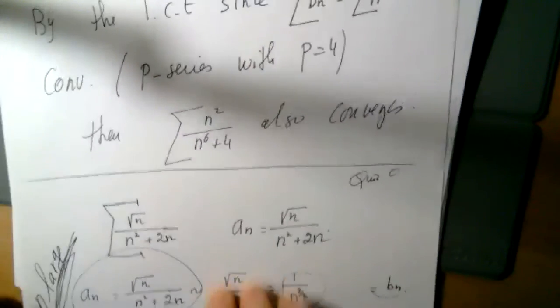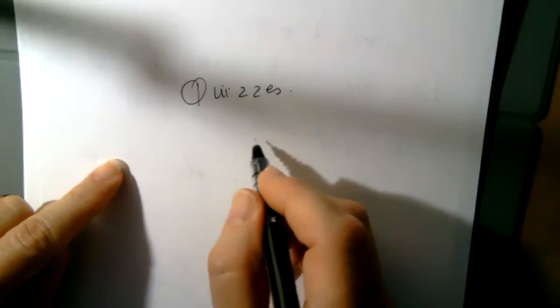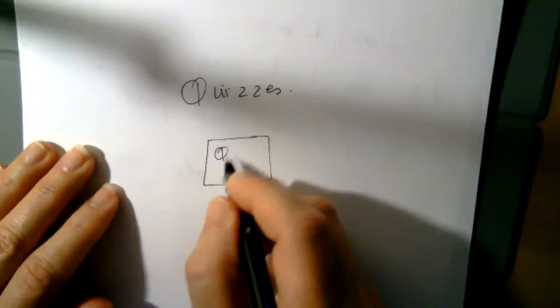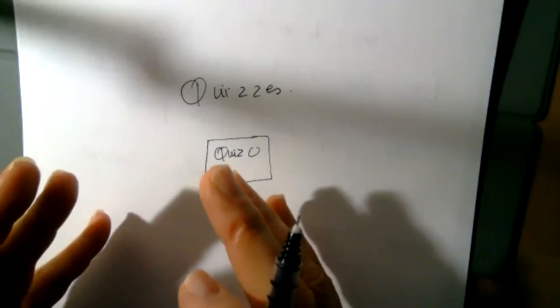The way it's going to work is like this. This afternoon, on the content area, I'm going to introduce a new entry called quizzes. Once you click on it, you will see something written quiz 0. You click on quiz 0, and you will have a page from me telling you to write your name.